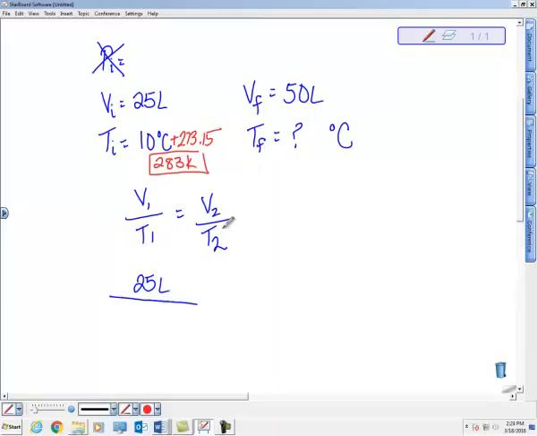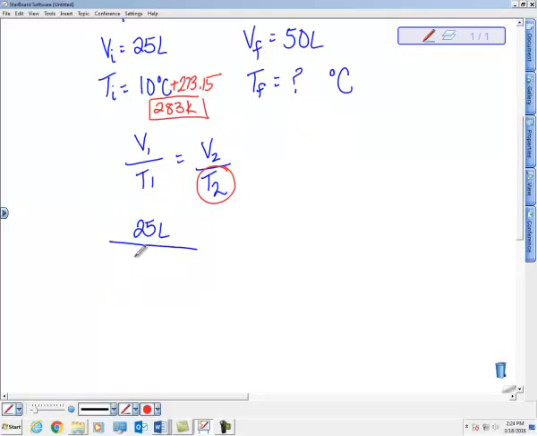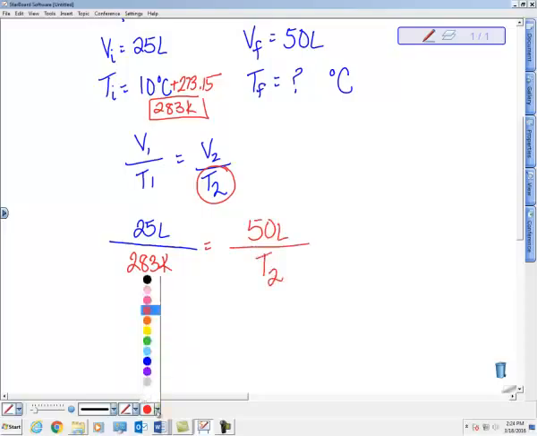Make sure you understand that when you solve for this T2 on the other side, your answer will be given in Kelvin. Down here, we're going to insert the 283 Kelvin. The second volume is 50 liters, and we don't know that second temperature. There's a rule in algebra that says that you cannot solve for an unknown on the denominator.